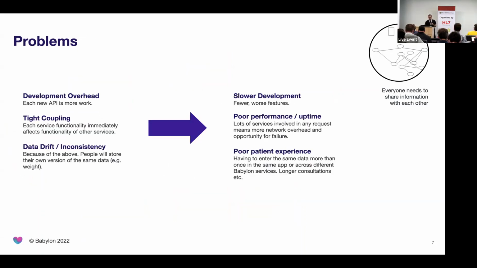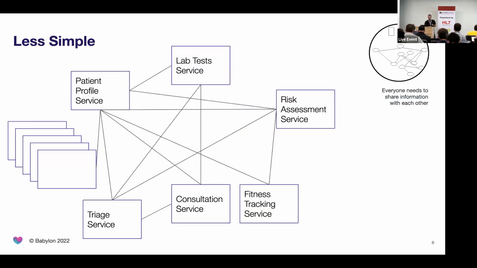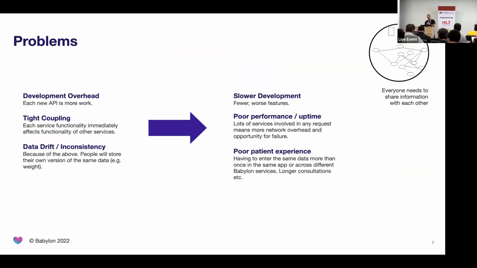Why was this not great? So every time we draw a line between these things, we're adding new APIs or integrating with new APIs. We're also coupling services together, so that anytime one service changes, we have to change another one or 4 other ones. And we're also going to get inconsistency in the way data is represented across all our APIs.